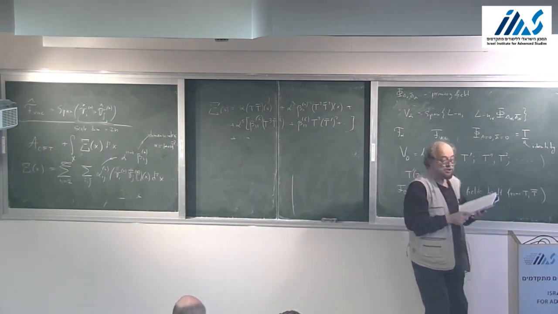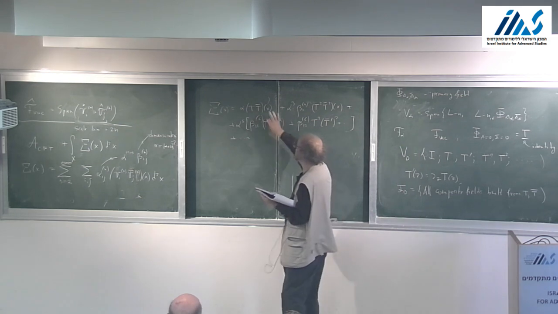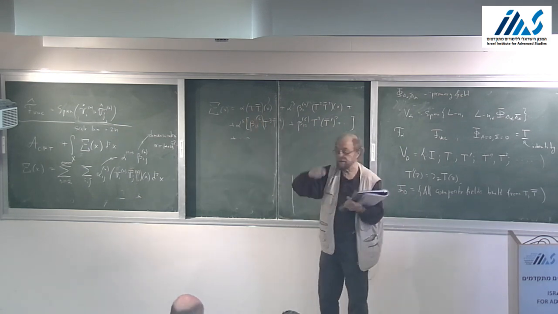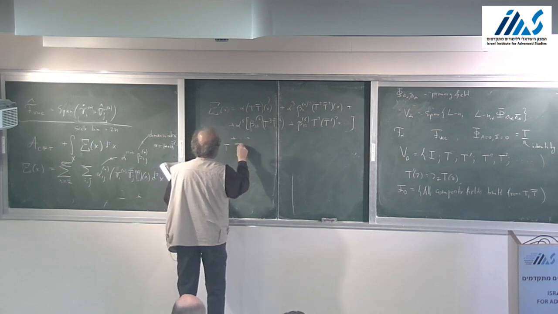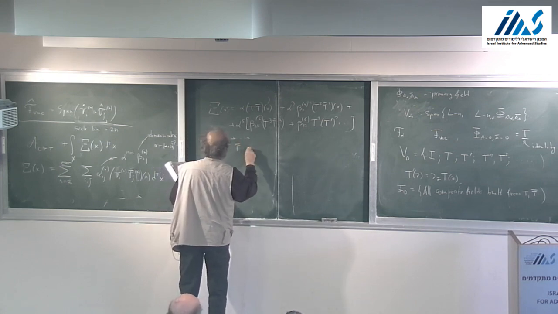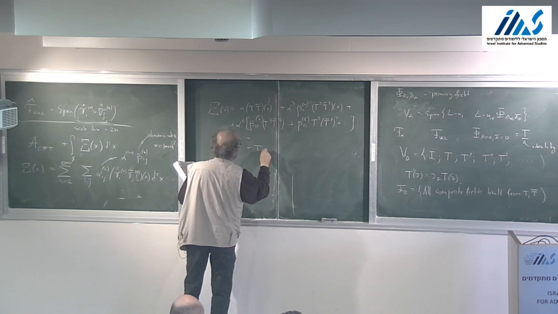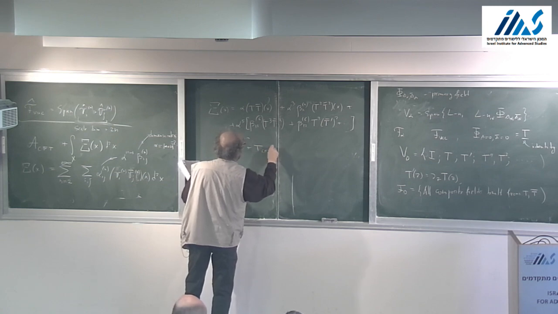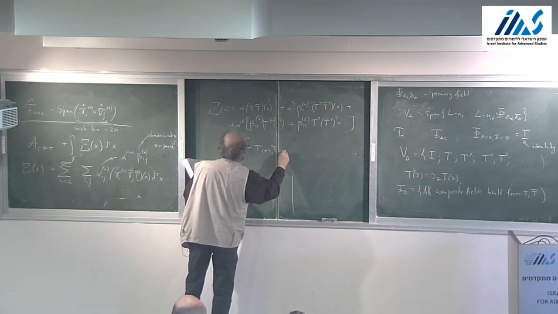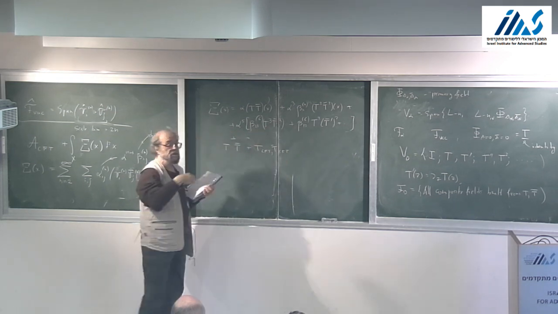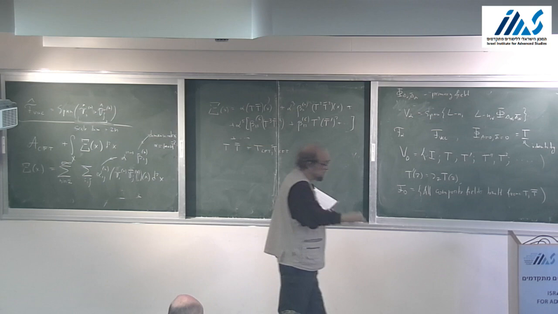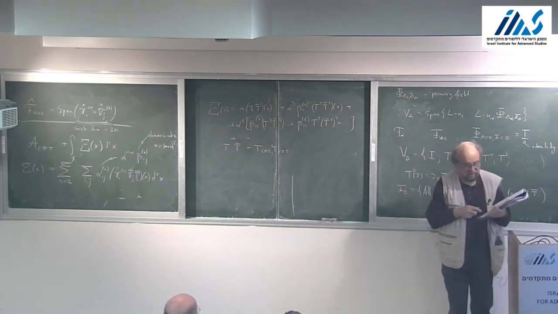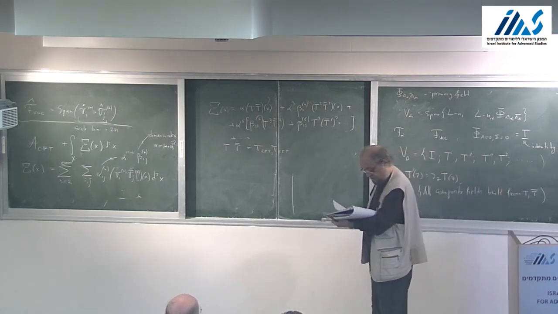So this is an expression in which all these composite fields are taken just from conformal field theory. So these guys, T and T-bar, are conformal field theory. So this is a complicated expression in terms of the energy momentum tensor. You can write yourself the Hamiltonian associated with that and so forth.